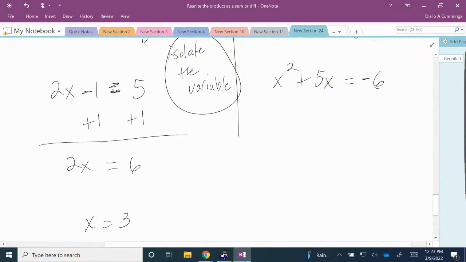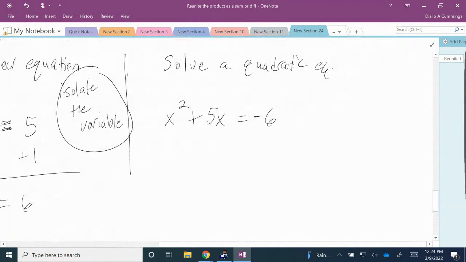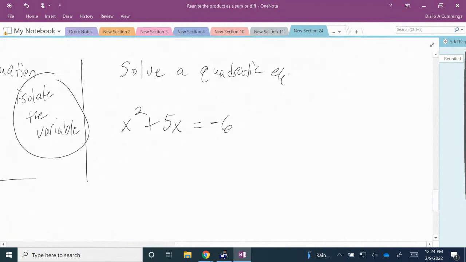The linear method means you must isolate. First off, you must have a linear equation. A linear equation means that the variable or the trig function is raised to the first power. Here is a quadratic method.